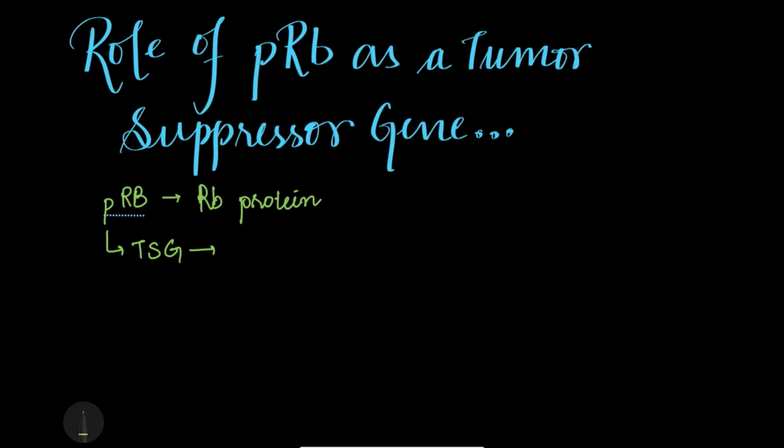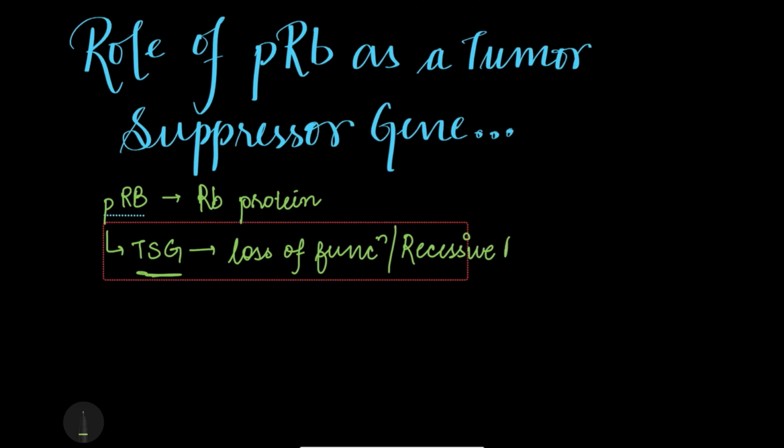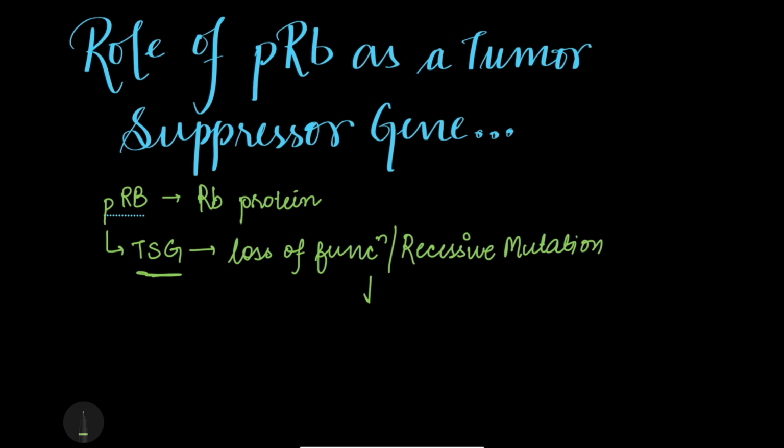So how does a tumor suppressor gene work? Its loss of function or a recessive mutation in it may lead to cancer.